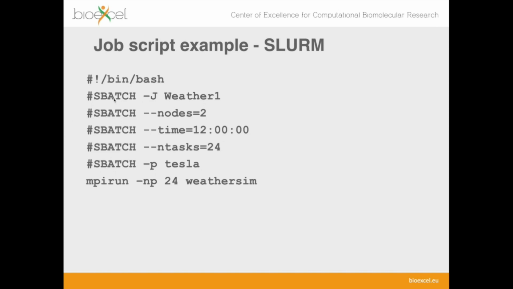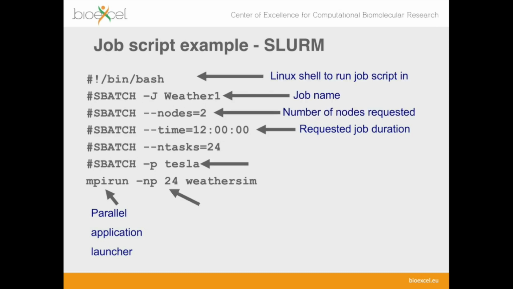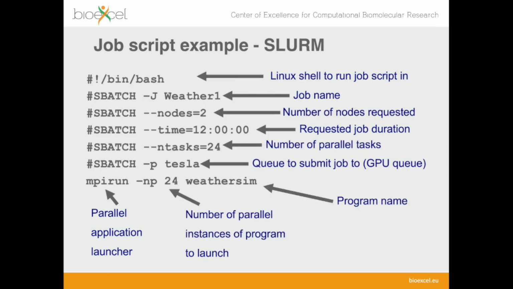Again, you have two sections, one with a resource request, another with a parallel application launcher, and I'll get to parallel application launchers in a minute. In this particular example, which is not Archer2, the concept of a partition with a -p option was used to specify access to a queue that gave access to nodes with GPUs.